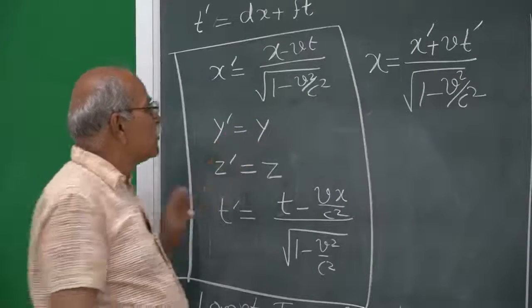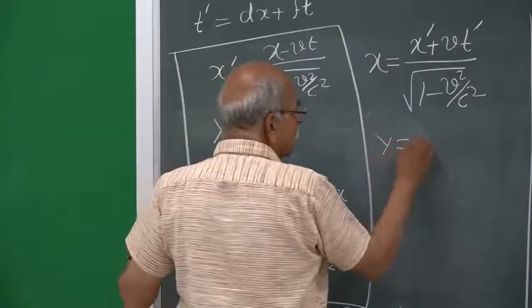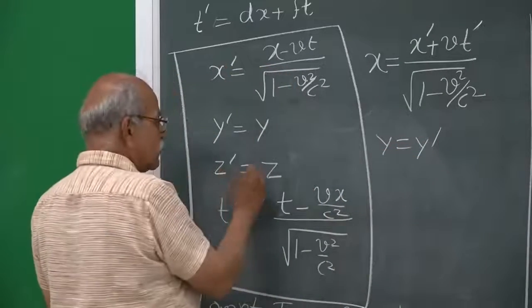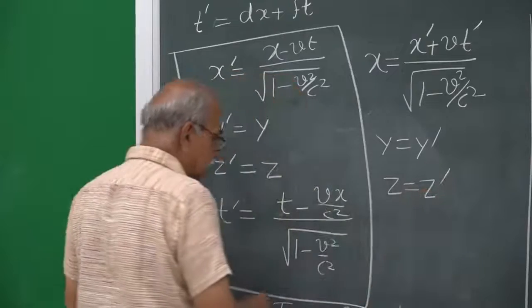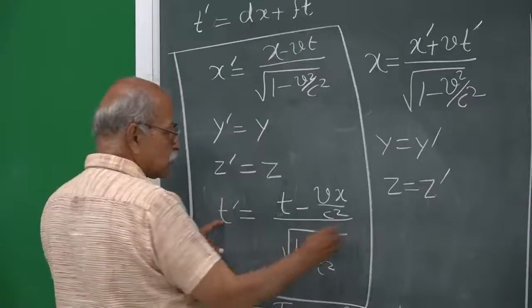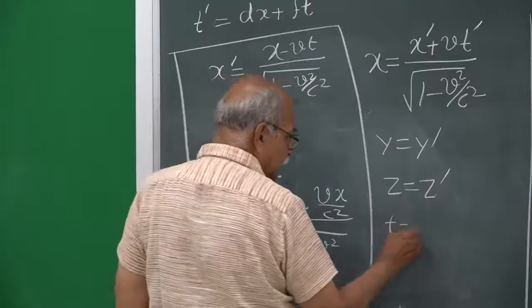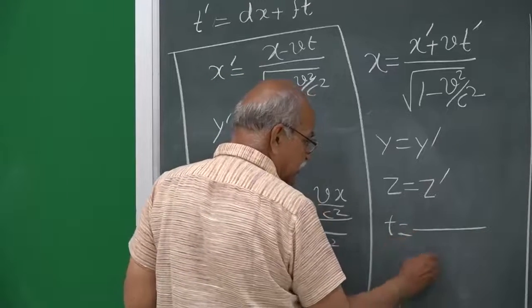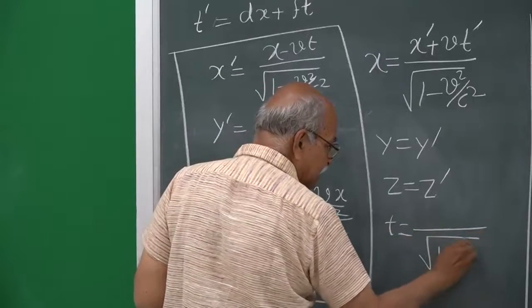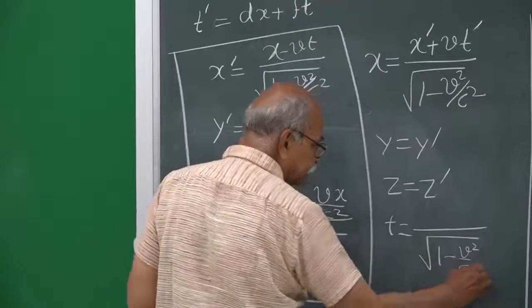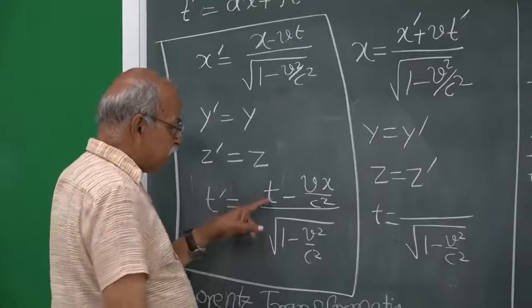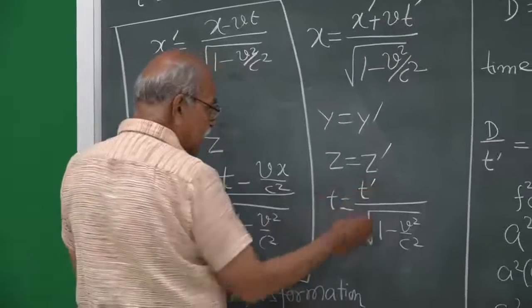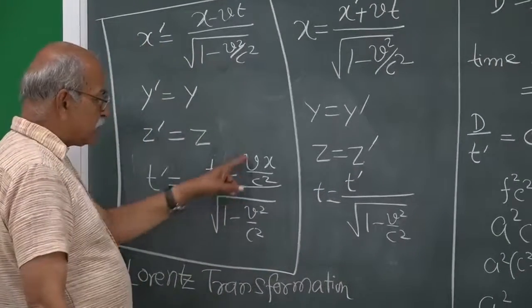y prime equal to y will become y equal to y prime, z prime equal to z will become z equal to z prime, and here once again t. So, t here has that same factor 1 minus v square by c square, and then t prime in place of t, and minus v will become plus v.